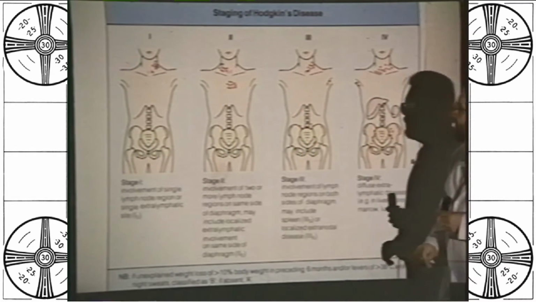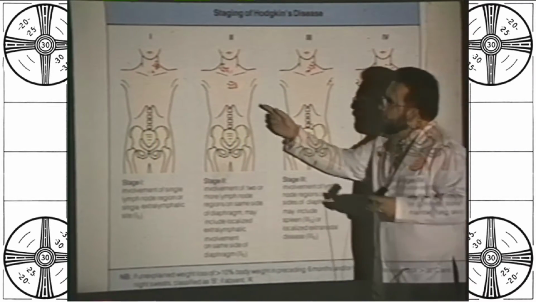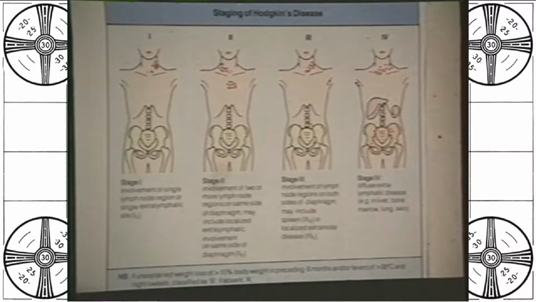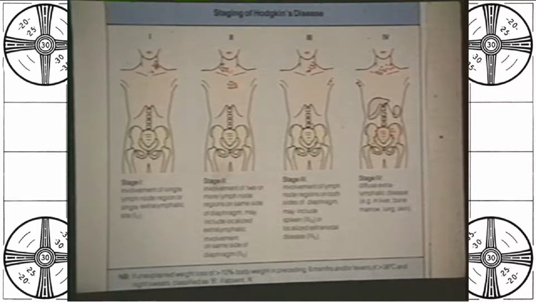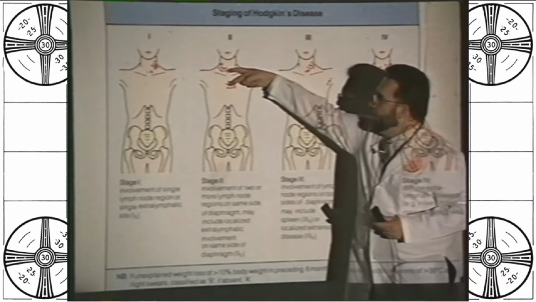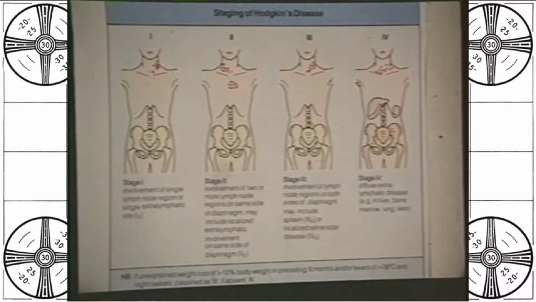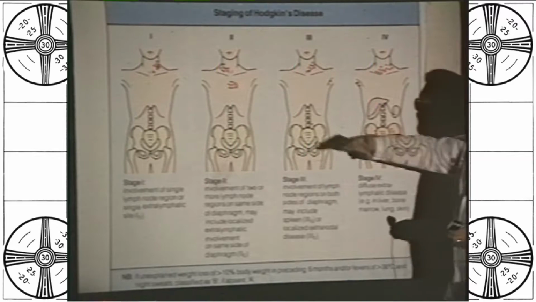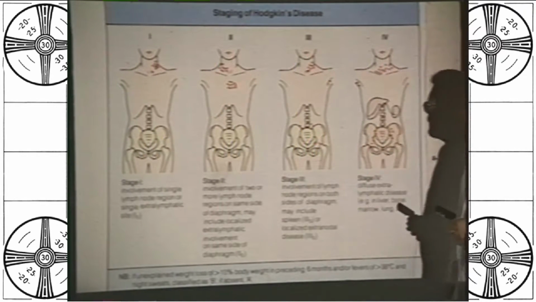Stage 2, more than one lymph node region, in this case there's 2, but it could be 3, on the same side of the diaphragm, okay? So this patient that has two areas of lymphadenopathy, could be 3, but on the same side of the diaphragm, that's a stage 2.